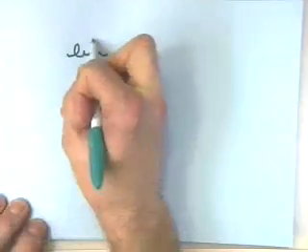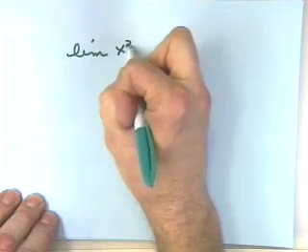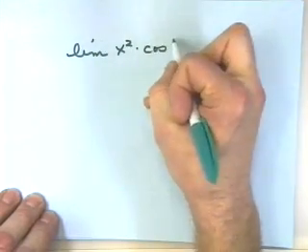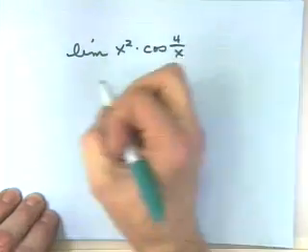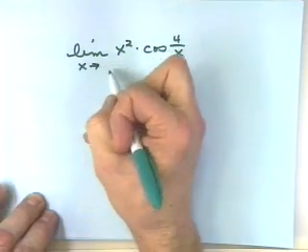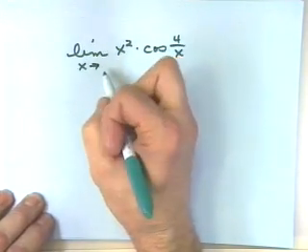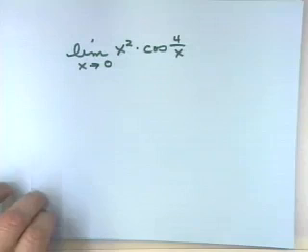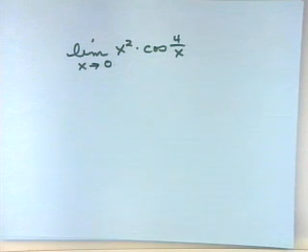Let's look at one example of the squeeze theorem. Suppose we want the answer to the limit as x is approaching 0. Guesses? Can't do direct substitution, right?